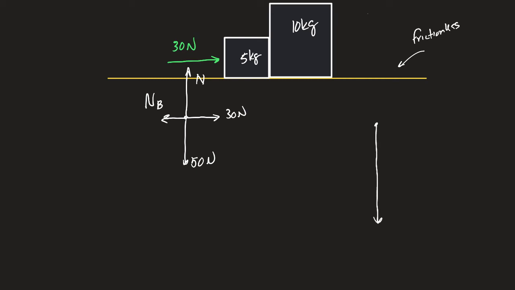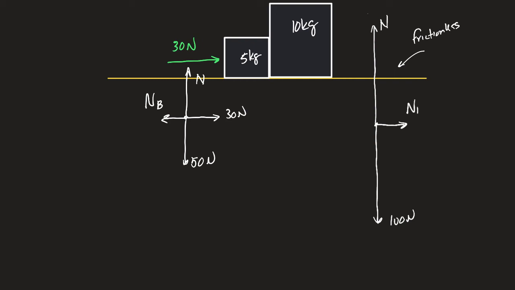Second box gets its own set of forces. So 100 newtons downwards, normal force upwards. I'm not touching the box, so that 30 newtons doesn't act on the box. But there is a normal force that acts again here. It must be perpendicular to the surfaces in contact, which means it's this way.